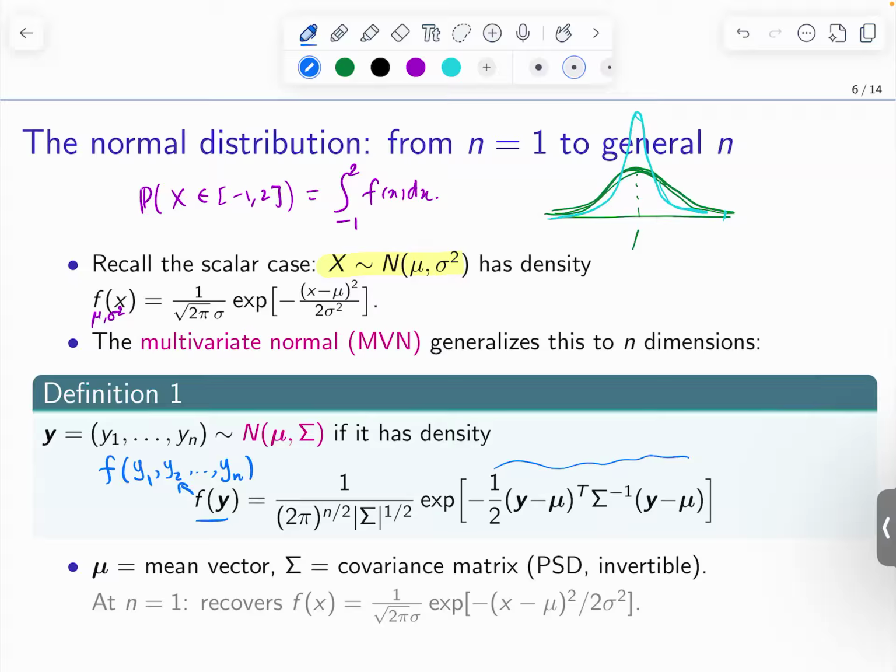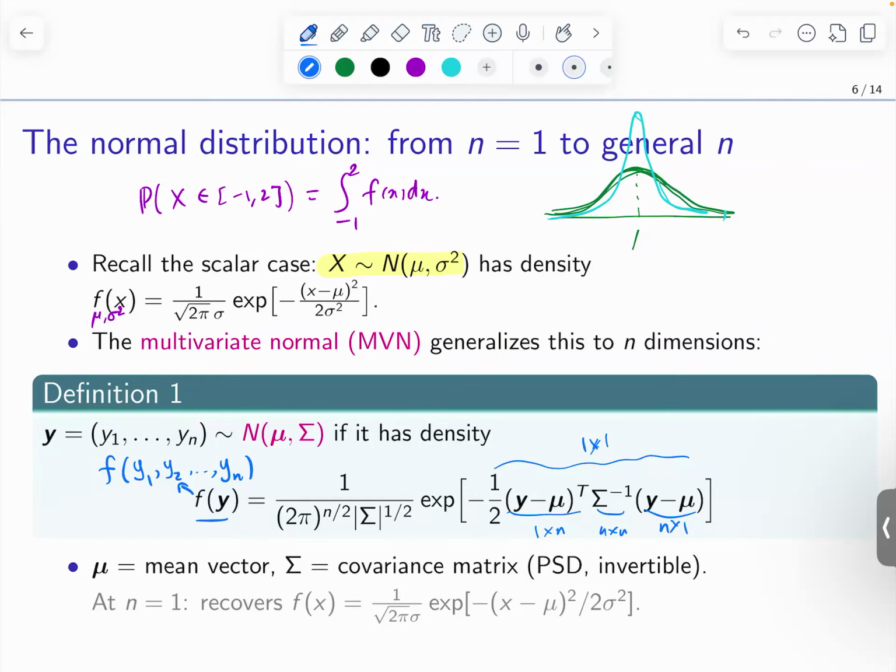And then times y minus mu, so this would be n by 1, this would be n by n. Sorry, this would be the other way around: 1 by n, n by n, n by 1, so we get 1 by 1. So this is really a scalar, and it has to be a scalar because it's just probability density.